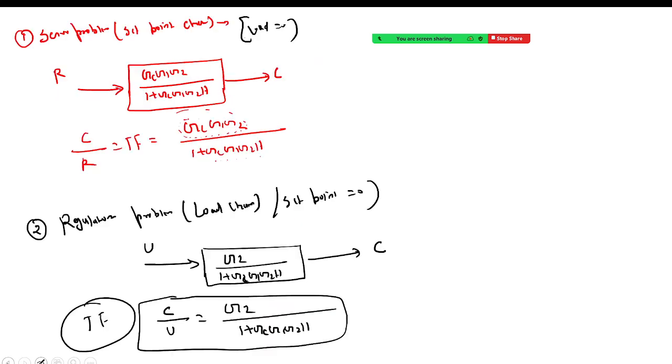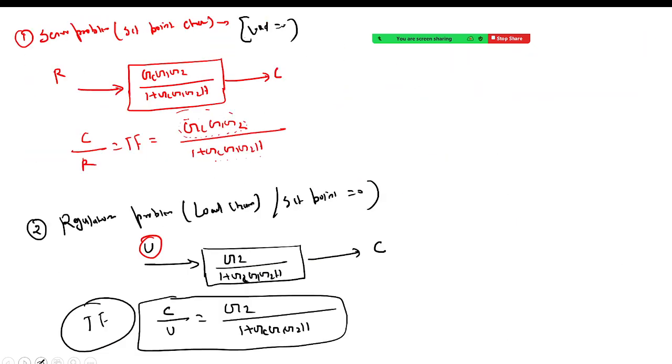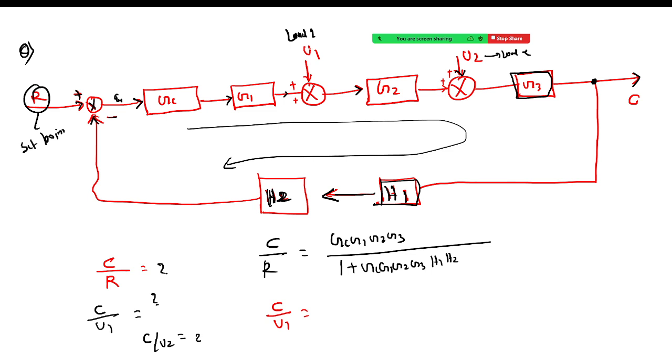When we change U, the transfer function between C and U is the path from U to C divided by 1 plus the multiplication of all the loop transfer functions. So C by U1 is what lies between C and U1, that is G2 G3, divided by 1 plus GC G1 G2 G3 H1 H2.